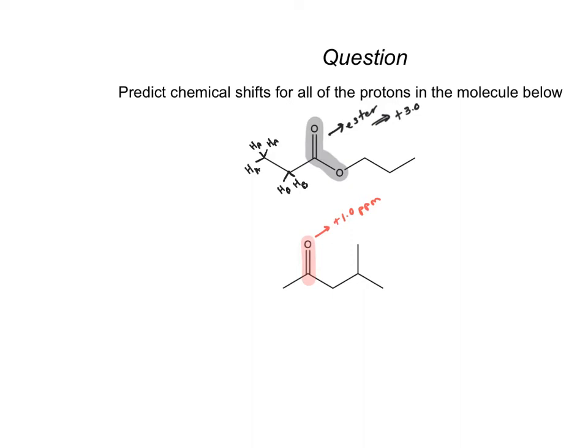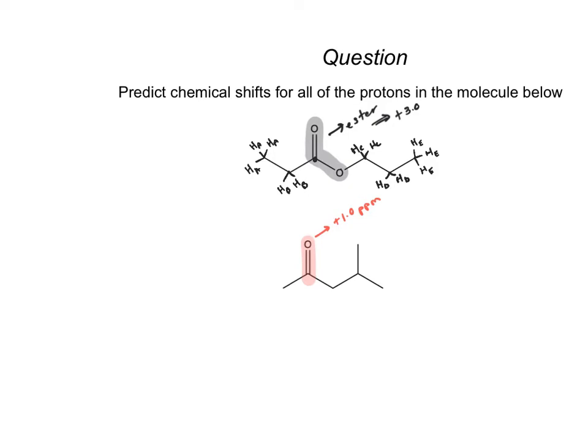We'll call them HB. There's no protons here. There's no protons here. We've got 2 methylene protons that are chemically equivalent. They're HC. We've got 2 methylene protons that are chemically equivalent to one another. They're HD. And then finally we get to the methyl at the end, and we've got HE.